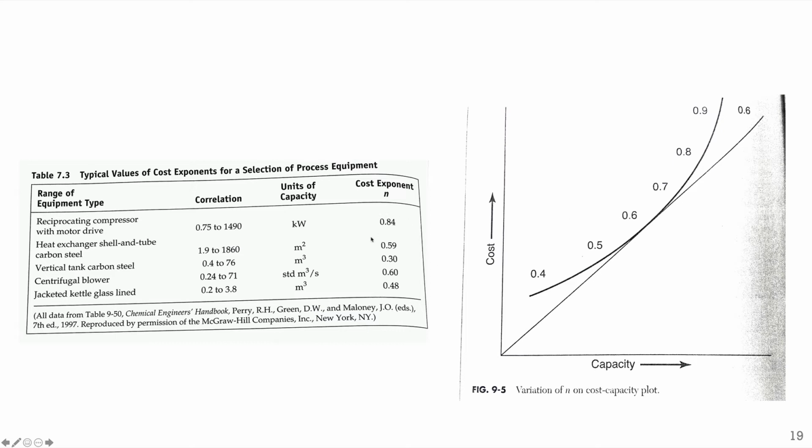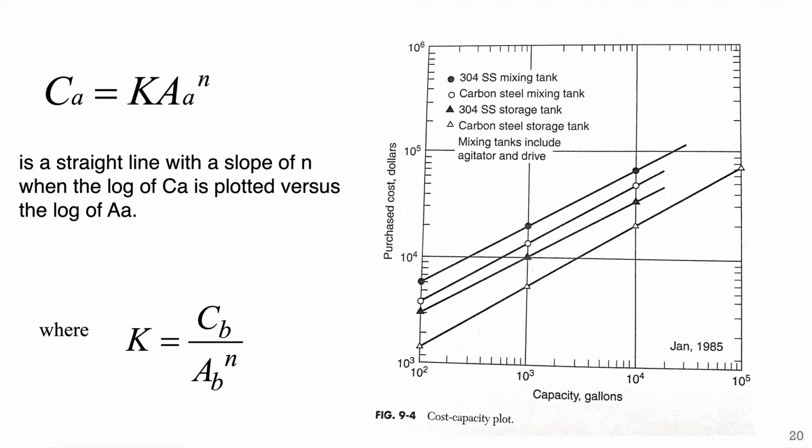Always the best way is to use the cost exponent for that equipment if you can determine it by data that you have from previous equipment or information from the manufacturer, something like that. But in case you don't have the cost exponent, you can feel comfortable using 0.6 as the cost exponent.